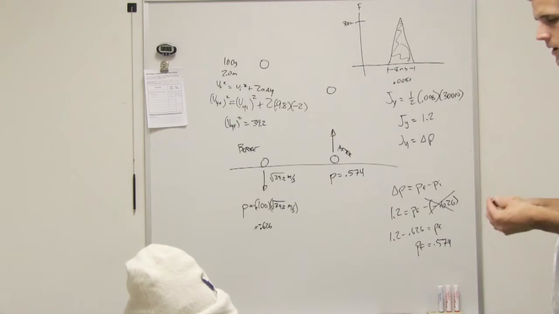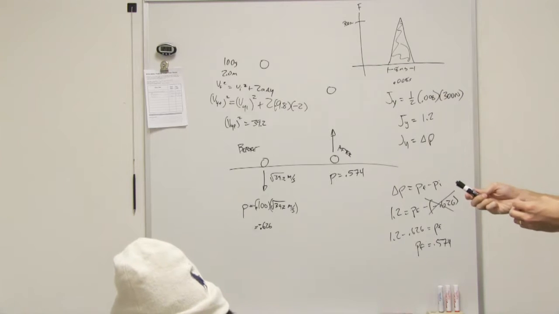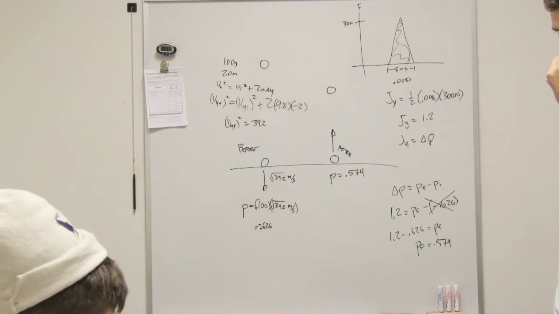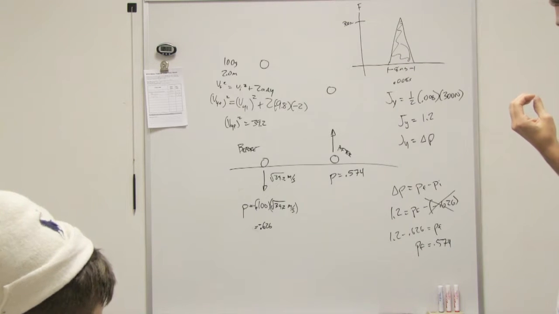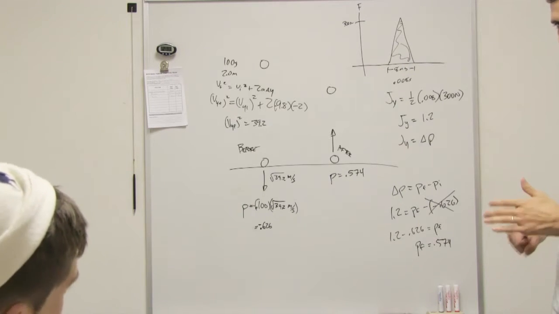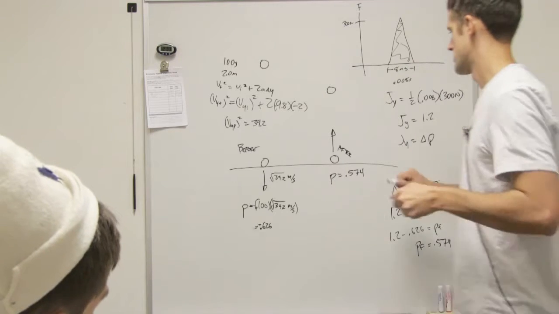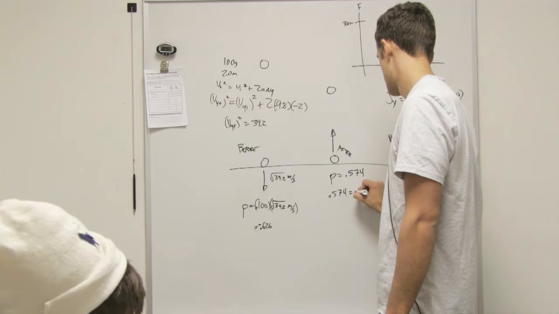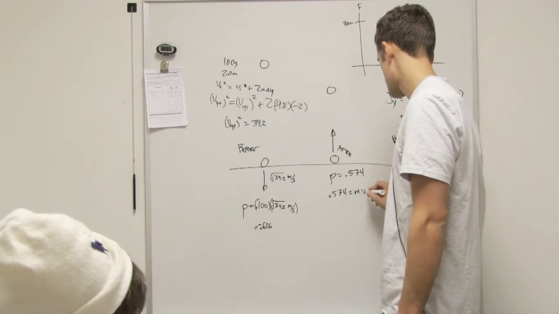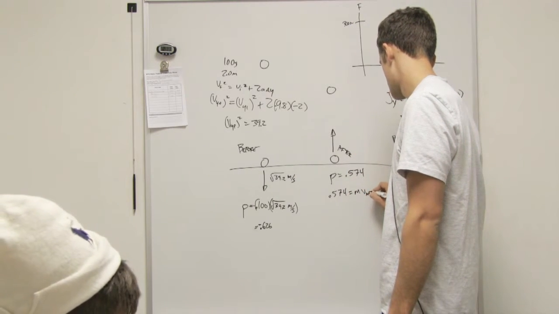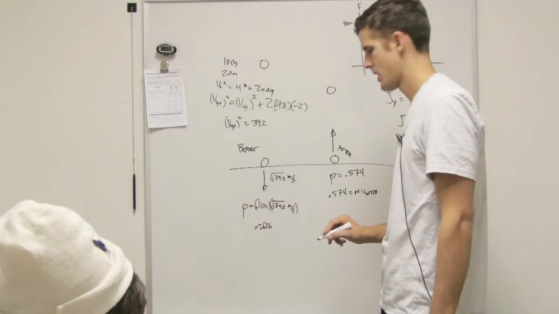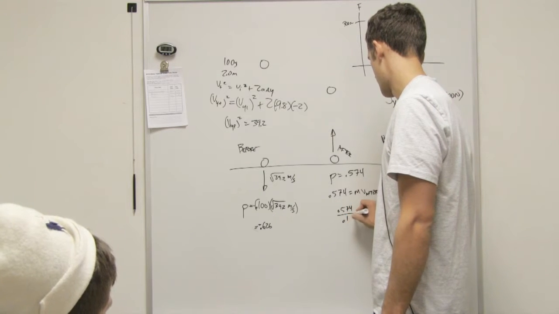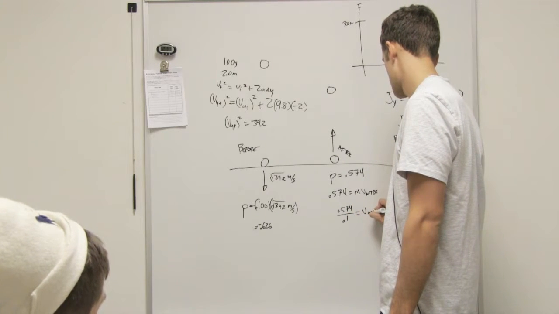So in order to find how high it bounces, what do we need to know now? Its speed, right? Yeah. So 0.574 equals mass times the velocity after, right? So 0.574 divided by the mass of 0.1 equals your velocity after.